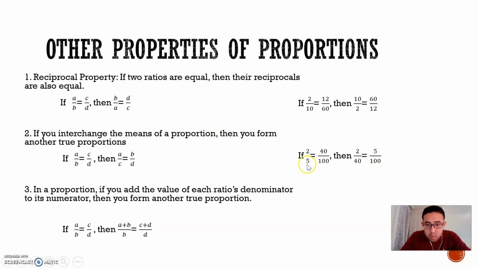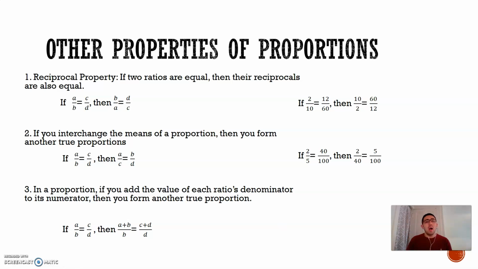If you have 2 over 5 is equal to 40 over 100, then if you swap the 5 and the 40, 2 over 40 is equal to 5 over 100. Once again, this proportion is not the same as this proportion, but these two are still equal, just like these two are still equal.